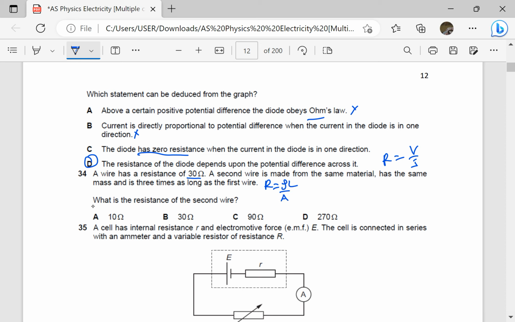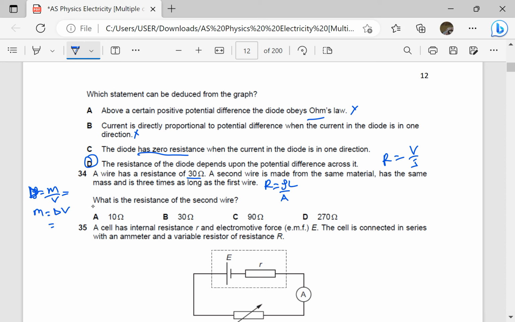What is the relationship between area and mass? We know that density is mass over volume. I'll use D for density because we have rho there. So density is mass over volume, meaning mass is equal to the density times volume.